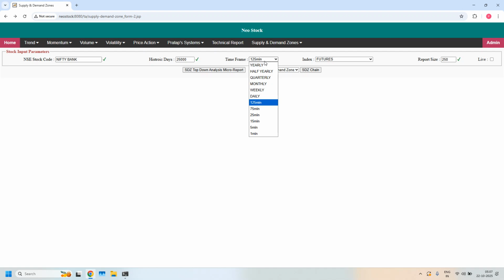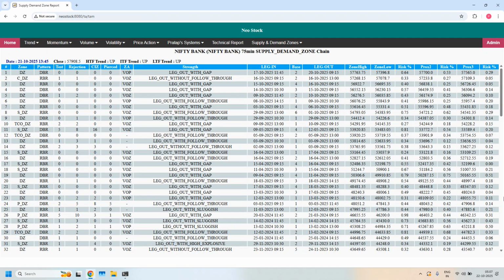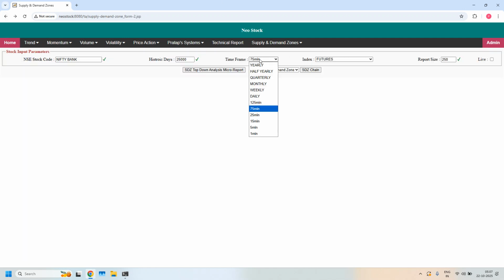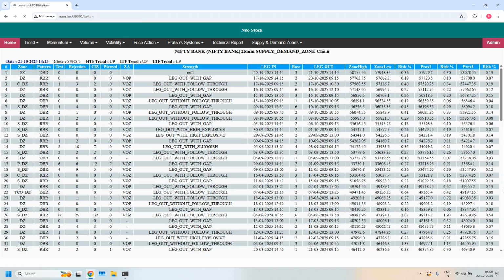Next, generating 75 minutes supply demand zone chain for BANKNIFTY. Next, generating 25 minutes supply demand zone chain for BANKNIFTY.